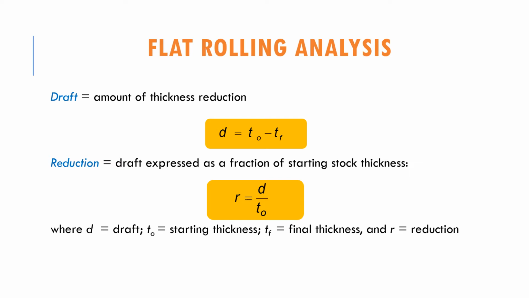That's how you get the thickness reduction. Then reduction is the draft expressed as a fraction of the starting stock thickness, meaning R equals D over T naught. If we put in the equation, it becomes T naught minus TF over T naught. Then you will get the reduction ratio.